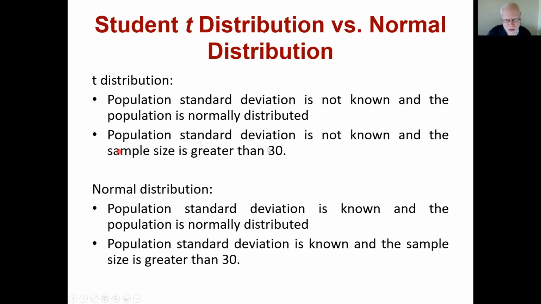Then the population standard deviation is not known, and the sample size is greater than 30. So even if we don't think that the population is normally distributed, if we have greater than 30 in our sample size, we can still use the T distribution. And then we use a normal distribution pretty much in any case where the population standard deviation is known.